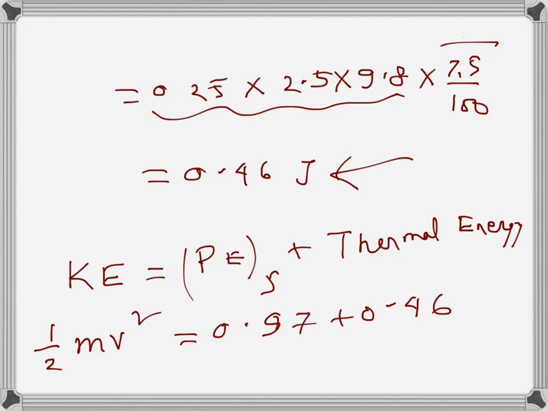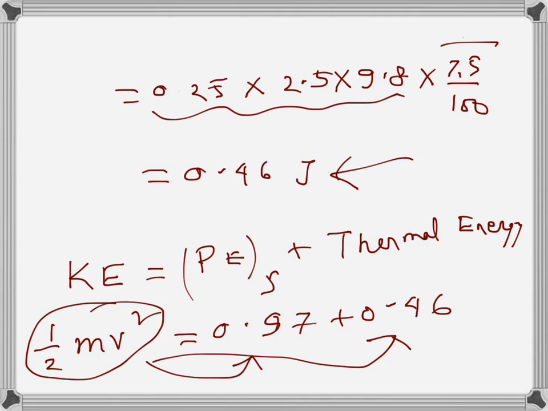We have to find that velocity when it reaches the spring, and that kinetic energy will be converted into the spring's potential energy, plus it will have to overcome the kinetic friction. So it will be converted into the thermal energy plus the spring's potential energy.